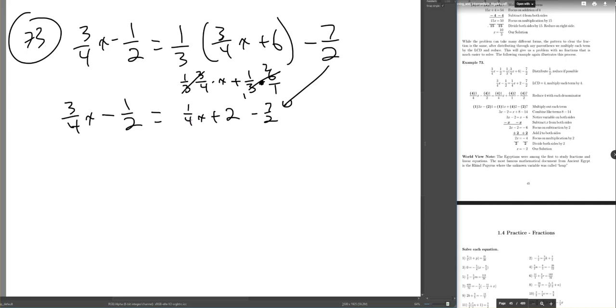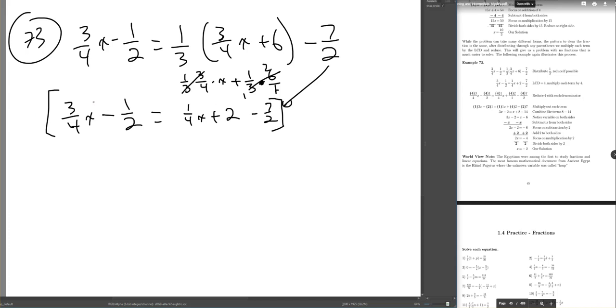So what they're saying here is multiply everything by 4, right? Multiply everything here that you see here by 4. We can do that. What they're saying is multiply each side by 4.